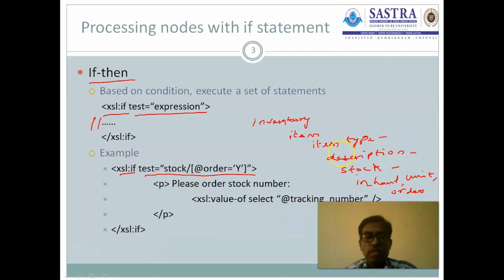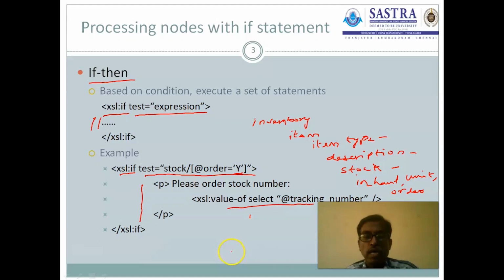So in the same example, I am assuming that here order equal to y, and I am checking that attribute. If that attribute value is yes, then only I am executing these statements. Here I am printing the tracking number, for the order having value y.